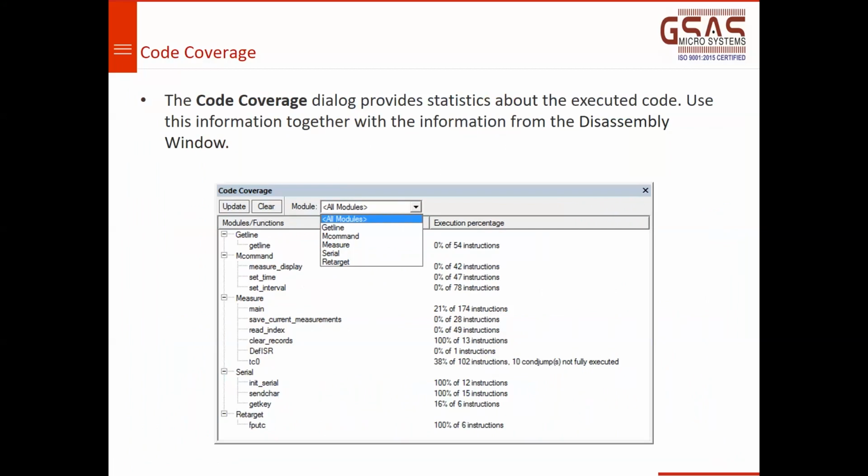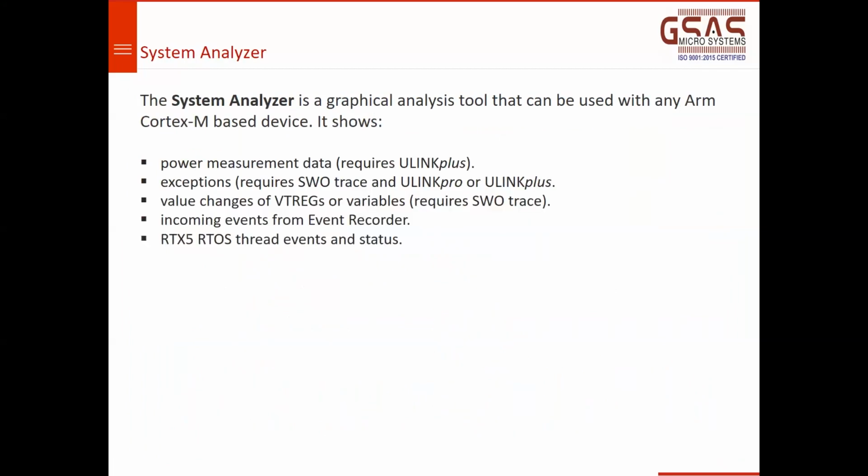Code coverage you can also see in simulation, and the time taken for the execution of every function. Now the system analyzer. This is not available in the simulator, but when you use it with a JTAG debugger, such as ULINKplus, a JTAG debugger with which you can do power measurement of the application.